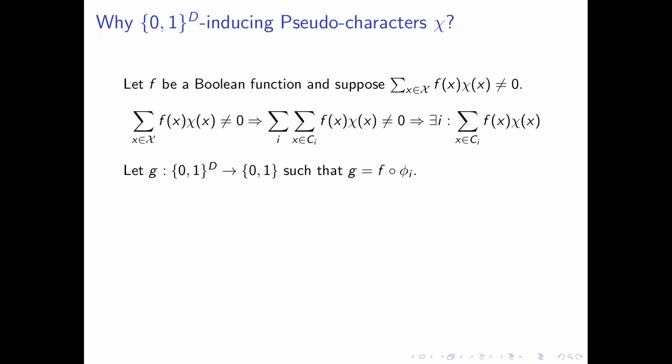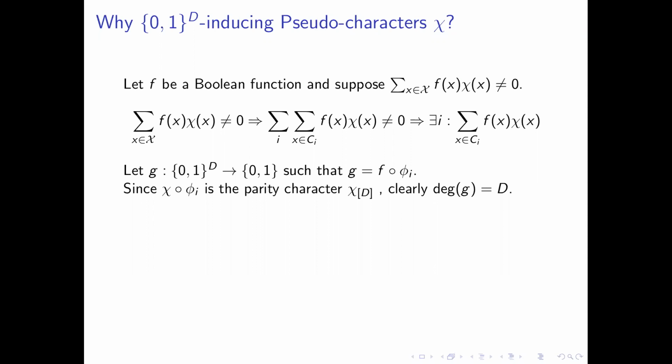Now we're going to define a Boolean function on the hypercube with respect to this bijection that we had. This i is the same i that is on the right-hand side in the equation above. So we have this Boolean function g. Because we have this non-zero inner product, and the fact that chi is really the parity character, recall the parity character just corresponds to the set D, all the elements of D.